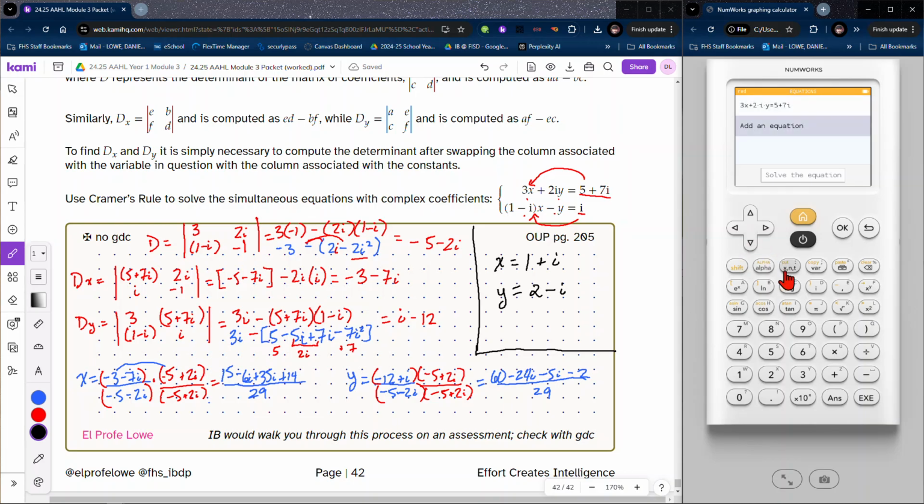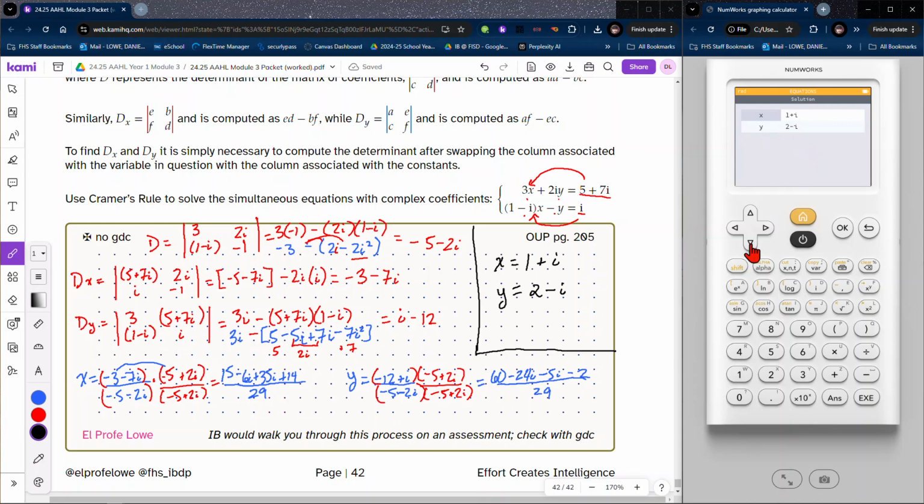And then my second equation, parentheses 1 minus i, close that parentheses, times my variable x, and then minus my variable y, and that will be set equal to i. And let's go ahead and solve the system. And we see that x is 1 plus i, y is 2 minus i.